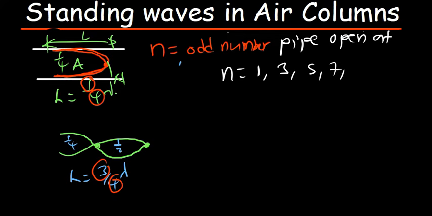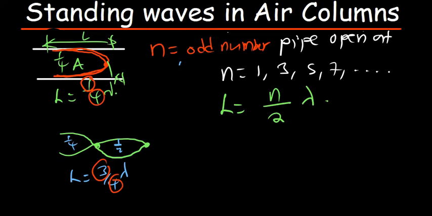Then we keep on going like that. So now from here my general formula is n divided by 2 times lambda, where n can only be an odd number: 1, 3, 5, 7, then we keep on going.